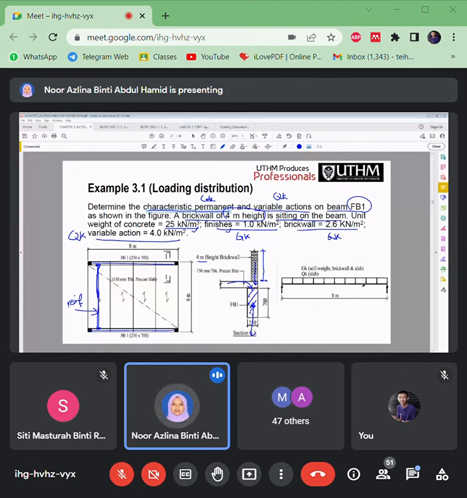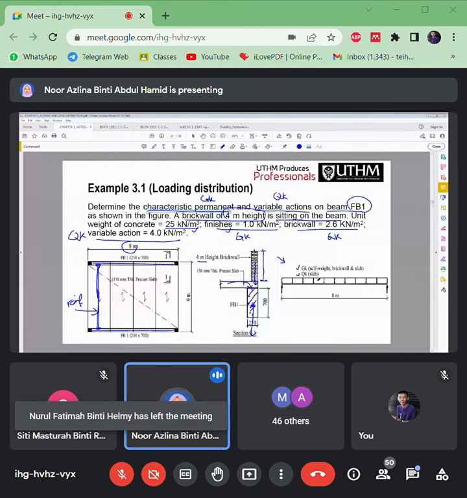So this will be the distributions along the beam here. This beam length is 8 meter, which is all the load we transferred per meter along the beam, which is have a GK, self weight, brick wall, slab, and then QK, which is slab here.